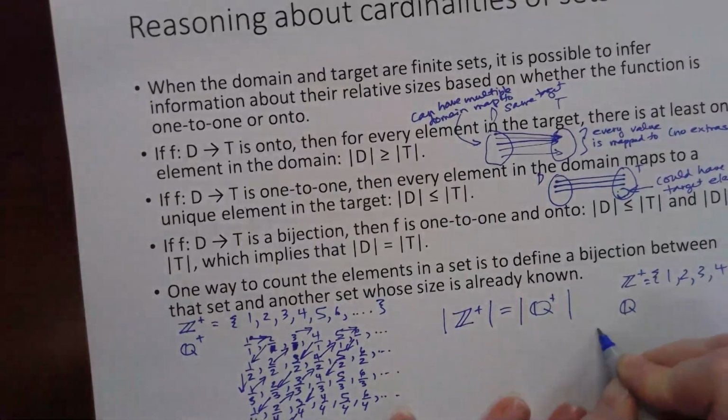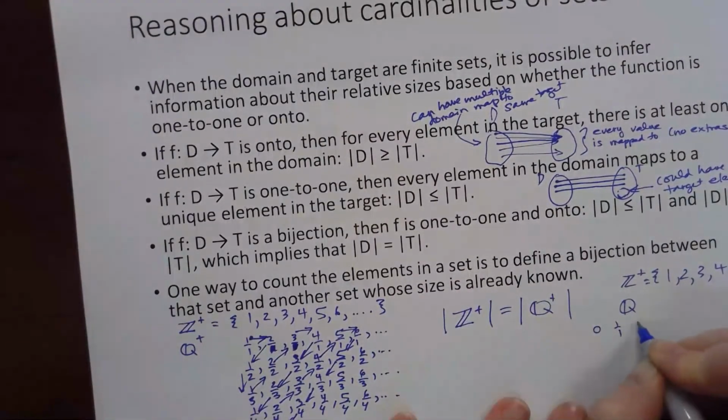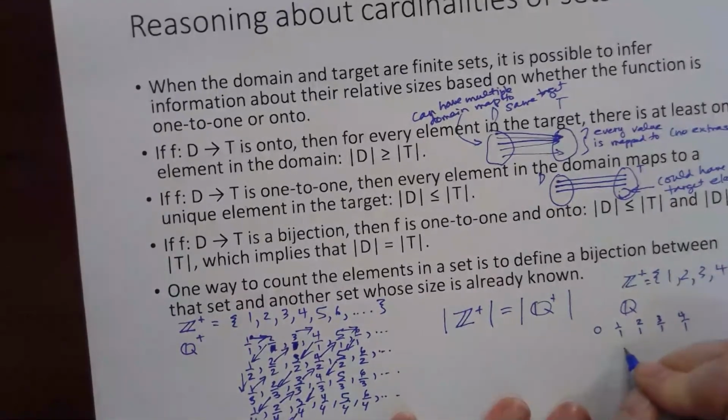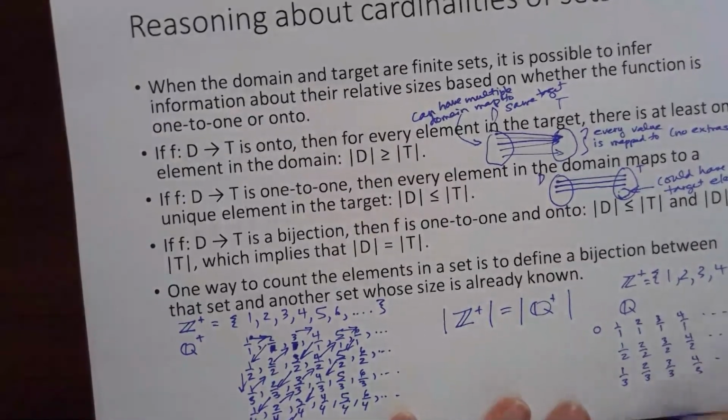So let's say I just go 0, and I'll put that in the middle, and I have all these same ones: 1 over 1, 2 over 1, 3 over 1, 4 over 1. You get the idea. All the ones with 2 as a denominator. All the ones with 3 as a denominator. On and on these go forever and ever.